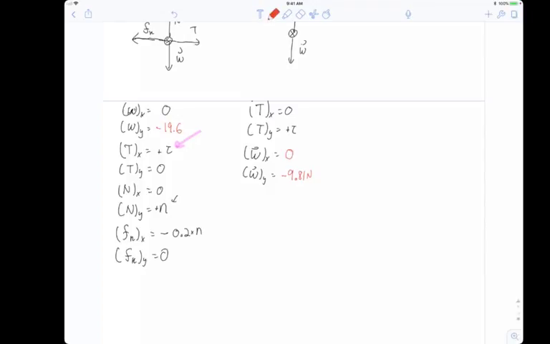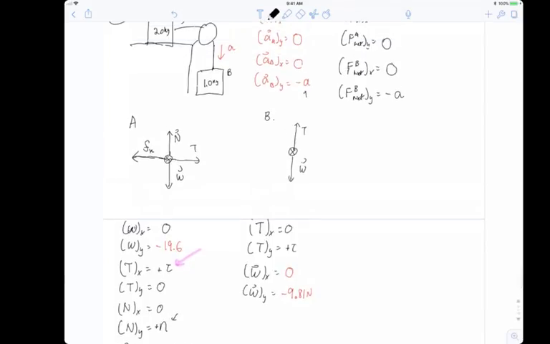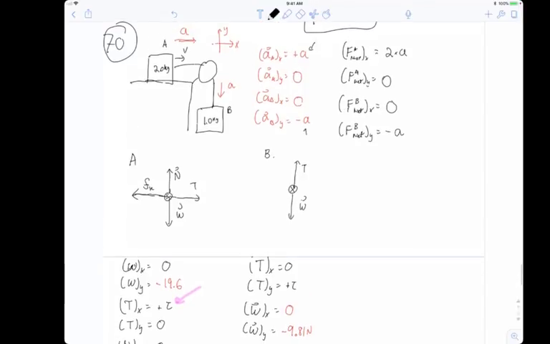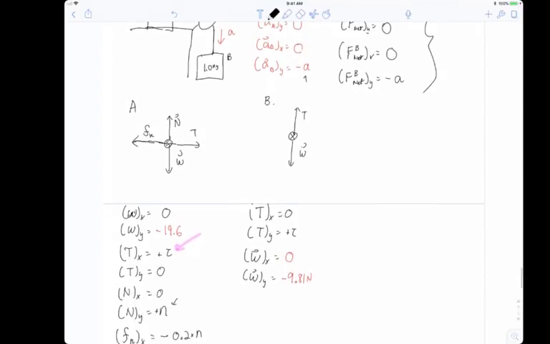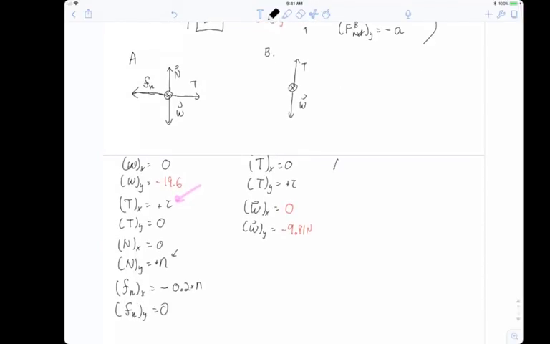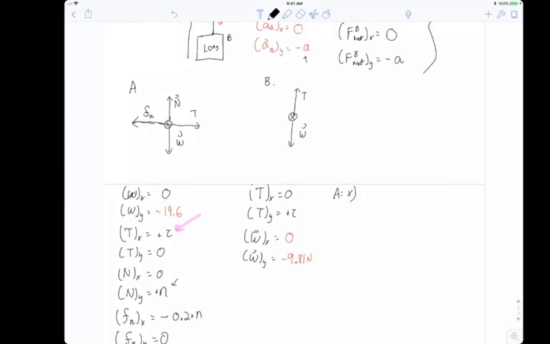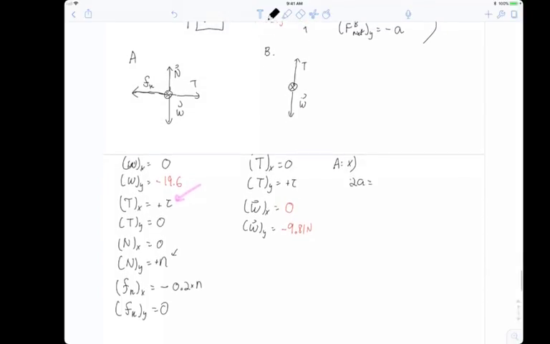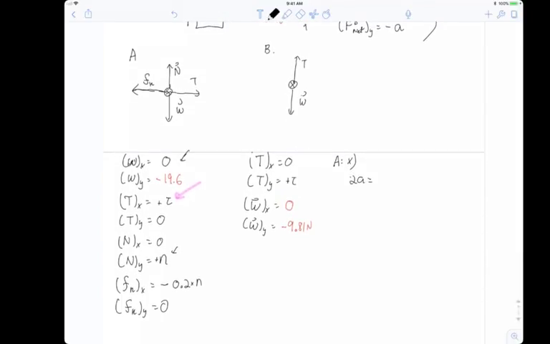Alright, let's put these together with this info. Start with A in the x direction: 2a equals 0 plus tau plus 0 minus 0.2 times little n.